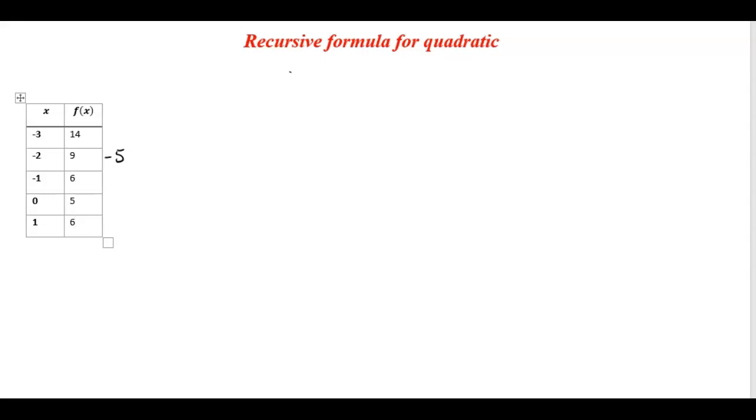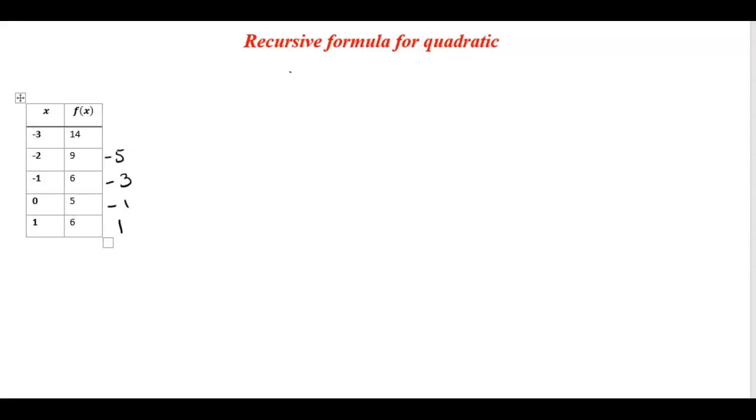And from 9 to 6 is minus 3. 9 minus 3 is 6, and 6 minus 1 is 5, and 5 plus 1 is 6. So that is our first difference. So let's check for the second difference.